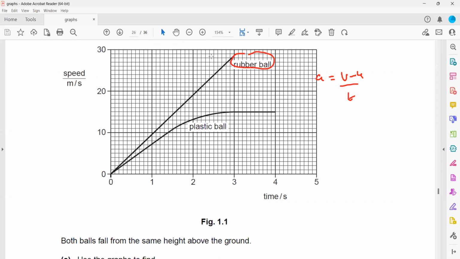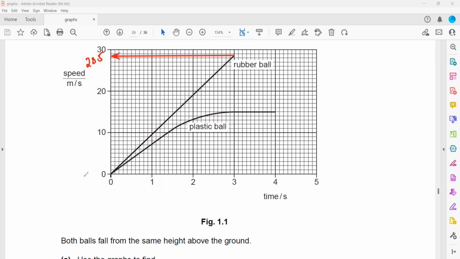This is in between. Each 10 boxes equals 10, so each box is 1. So this is 21, 2, 3, 4, 5, 6, 7, 8. So this is 28.5.